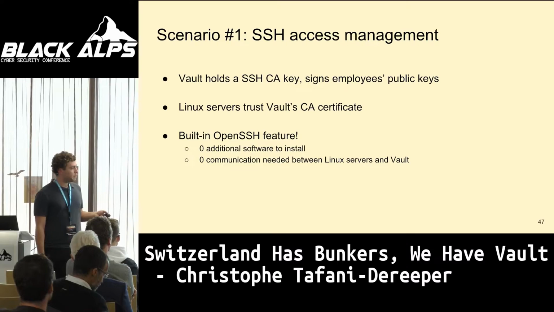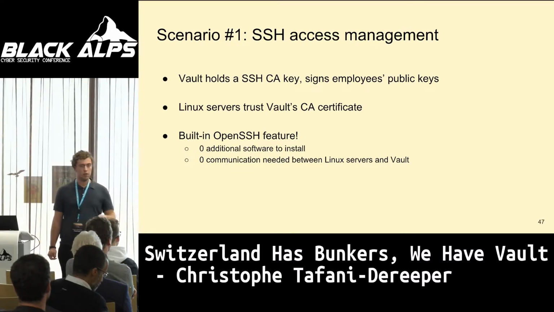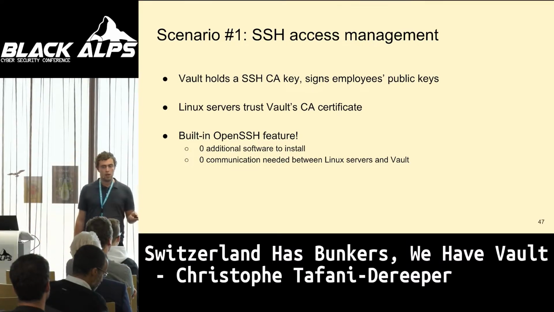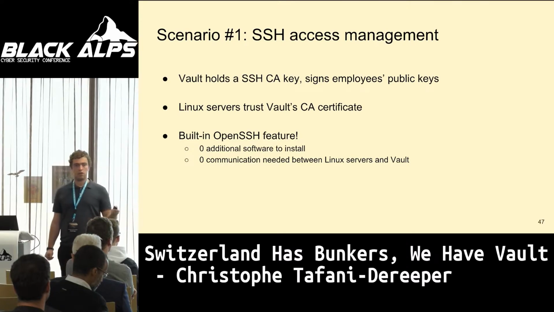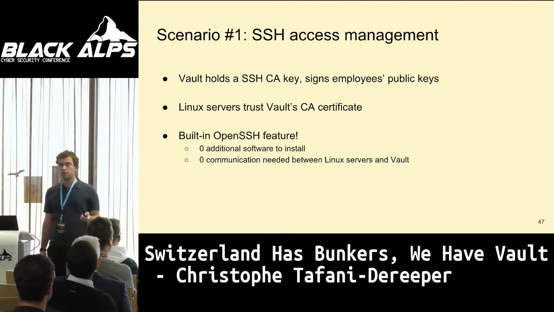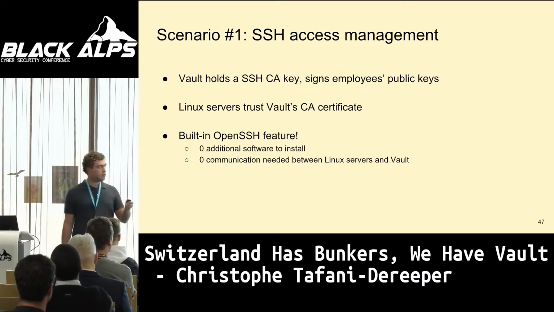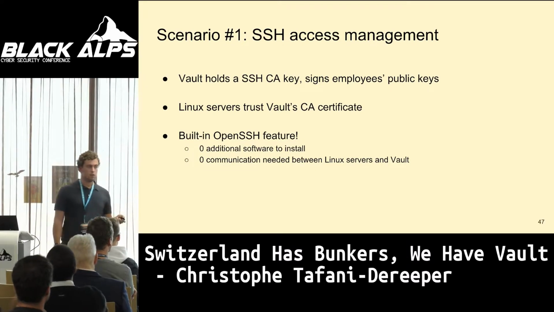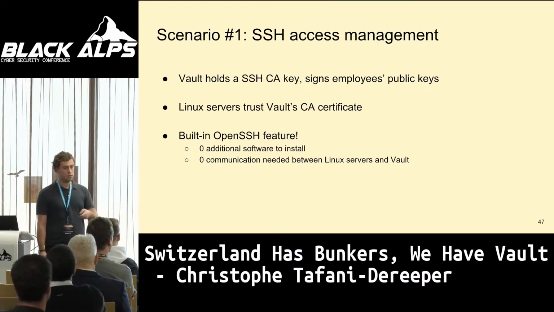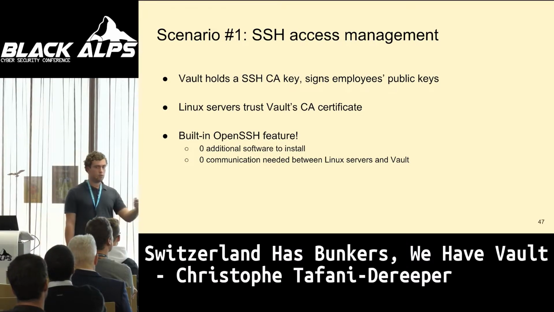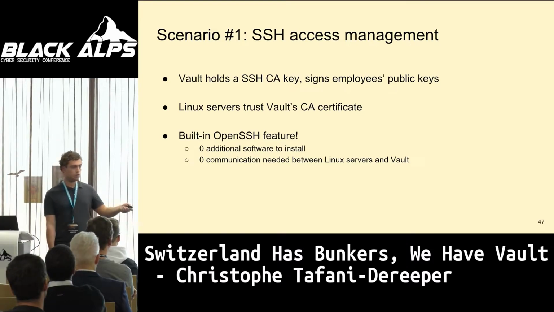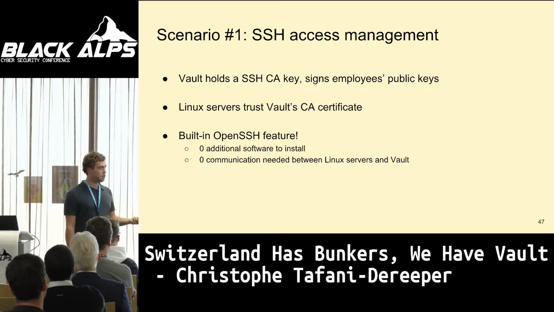So here the concept is that you have Vault holding an SSH CA certificate, and it can actually sign users' public keys using this certificate. And you set up a trust relationship between the Linux servers that run OpenSSH and Vault, meaning that any user can ask Vault to sign its key and then go to the server and show the certificate, which will be accepted because you have a trust relationship between the machine and Vault.